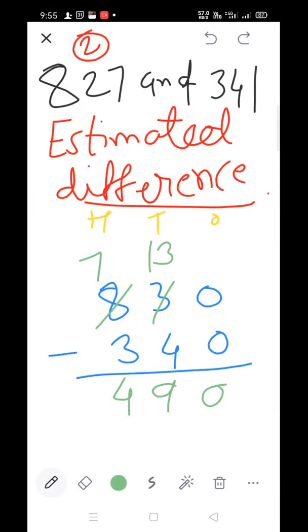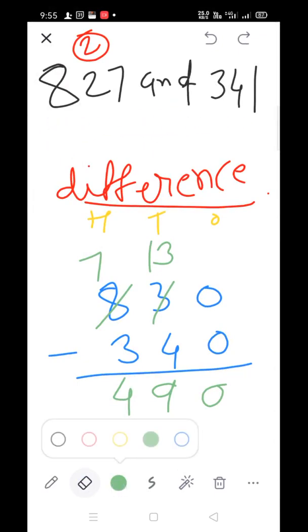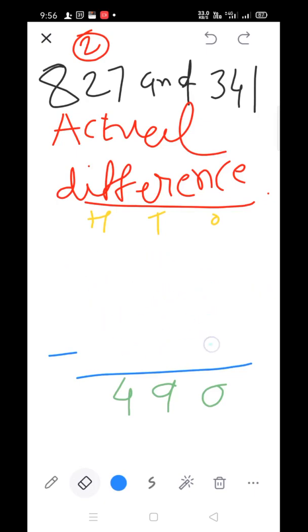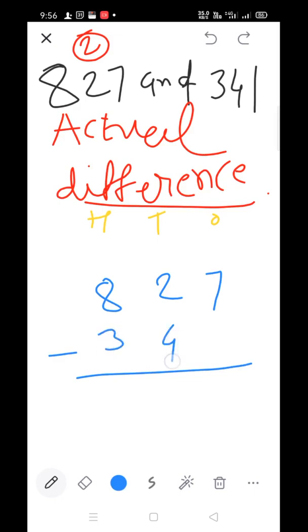After it, find the actual difference. Actual difference means 827 minus 341.